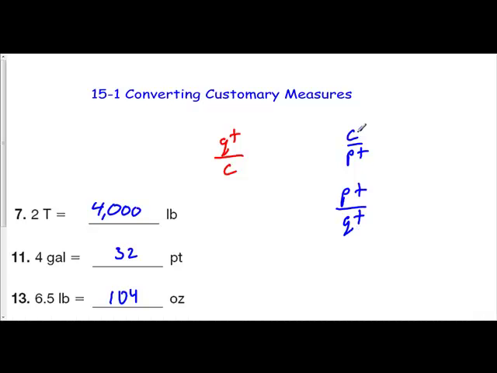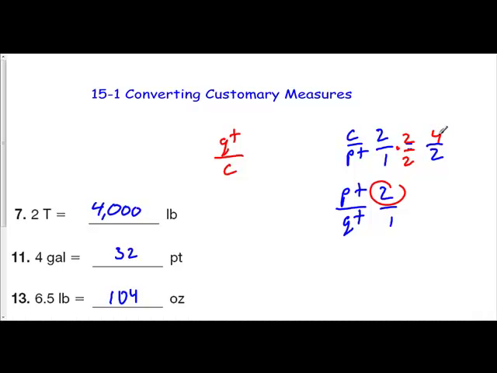Now, there are 2 cups in 1 pint and 2 pints in 1 quart. So we need to find out how many cups there are in 2 pints. So let's set this here. 2 pints. How do I turn 1 into 2? I multiply times 2, and that's a magic 1 of 2 over 2, and 2 times 2 is 4.